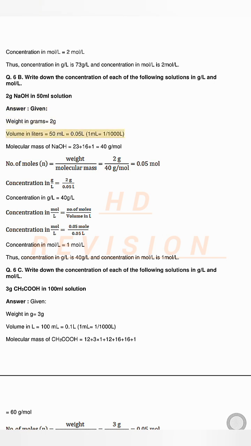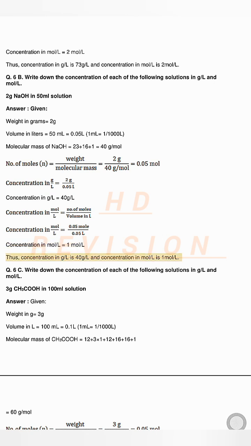Volume in liters equals 50 milliliters equals 0.05 L. Molecular mass of NaOH equals 23 plus 16 plus 1 equals 40 grams per mole. Concentration in gram per liter equals 40 grams per liter. Concentration in mole per liter equals 1 mole per liter.